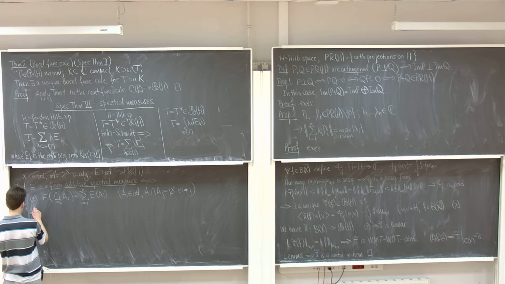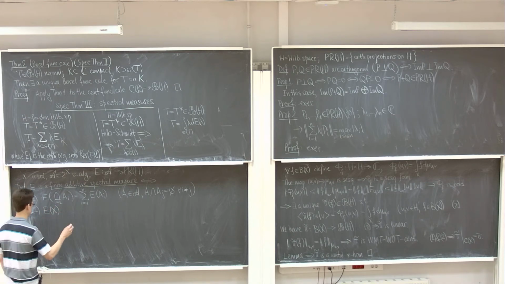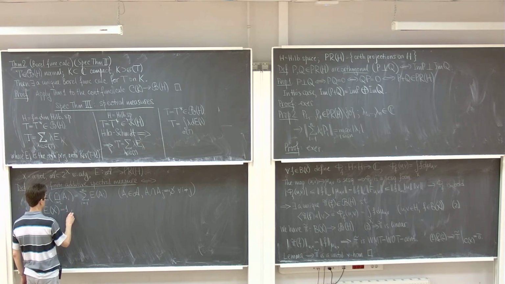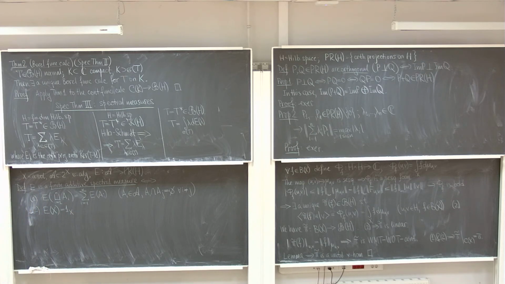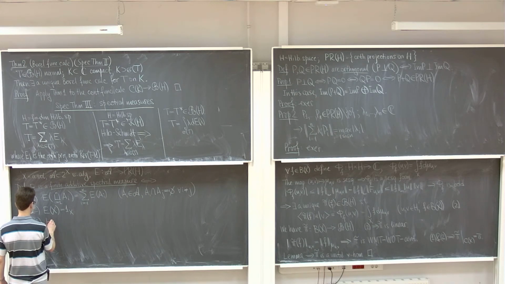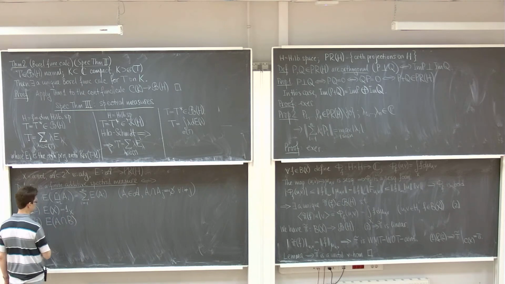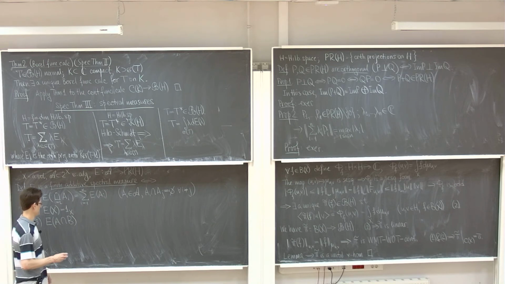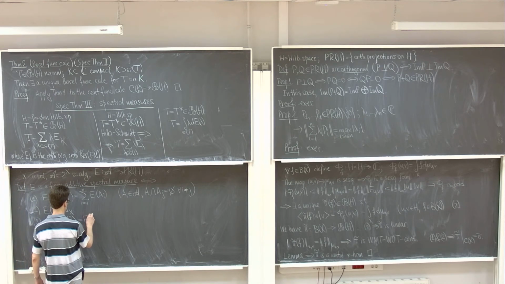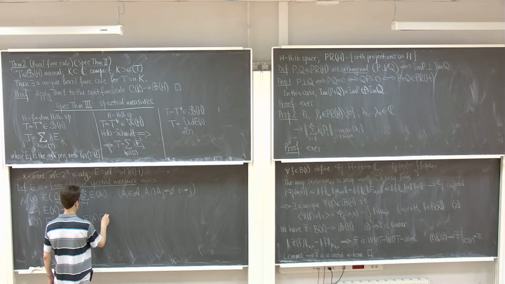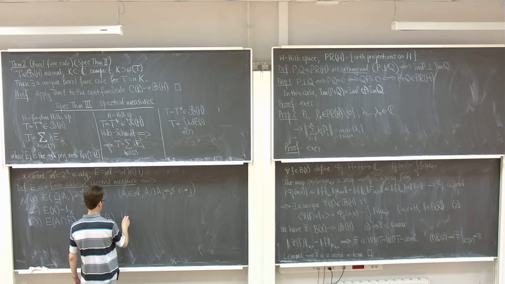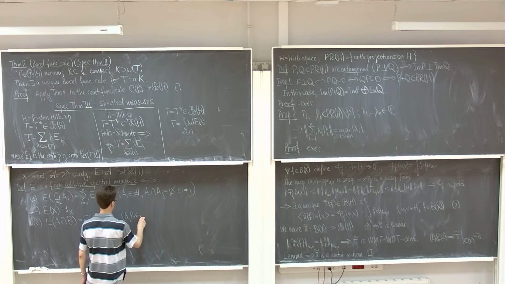Condition 2 is that E is normalized in the following sense: E of X is the identity operator. And here we also have one more condition, the so-called multiplicativity condition, which says that if you take the intersection of two sets, then E of A intersect B is the product of E of A and E of B, for each pair of sets in our sigma algebra.